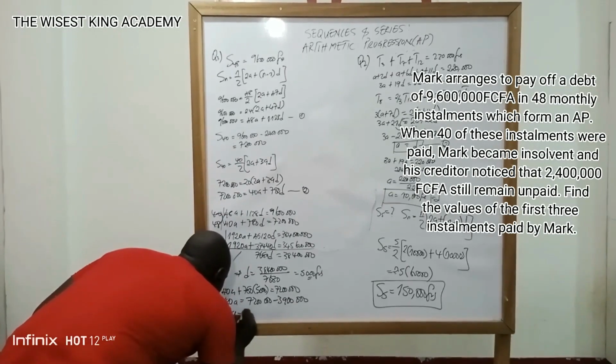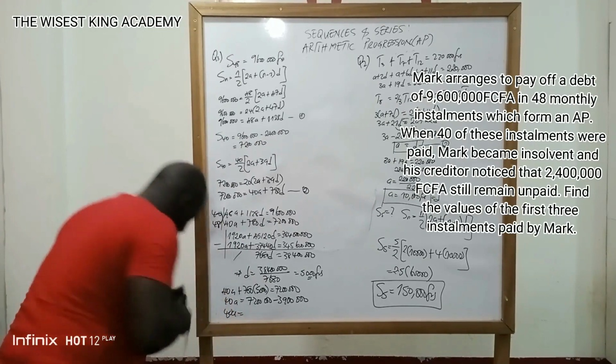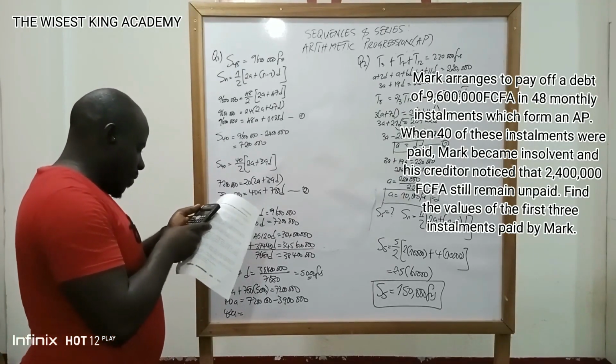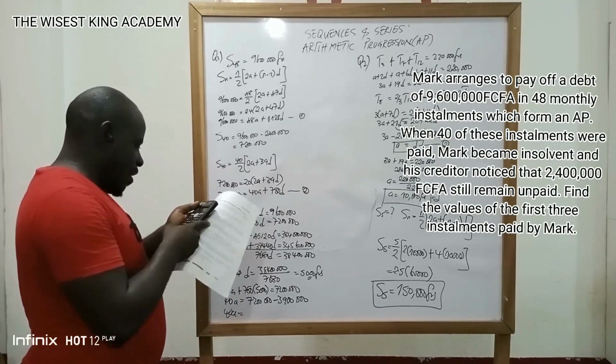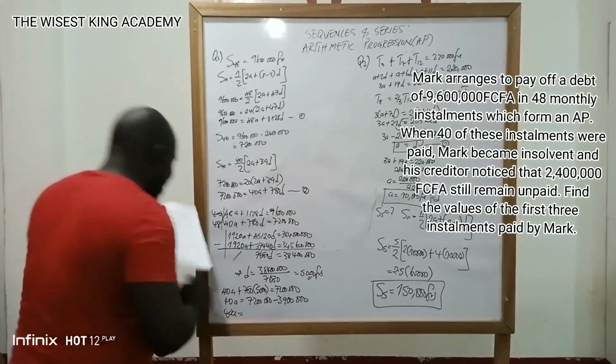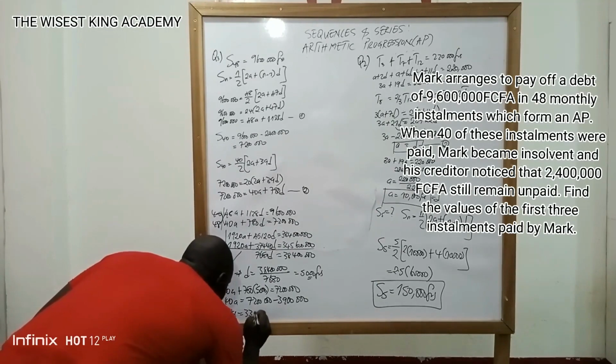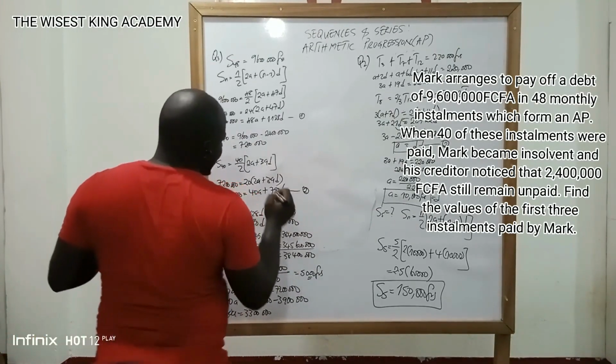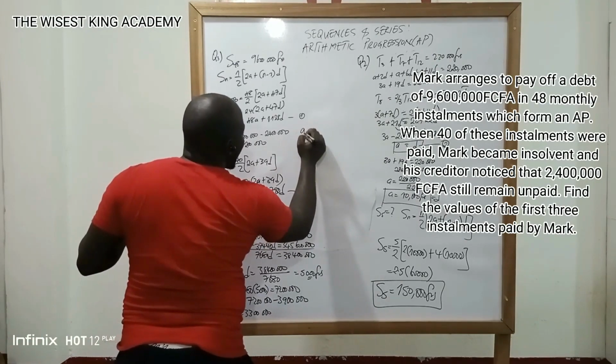So 40a equals 7,200,000 minus 3,900,000, giving me 3,300,000.